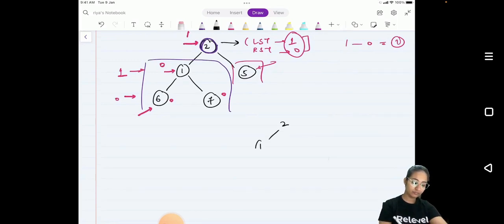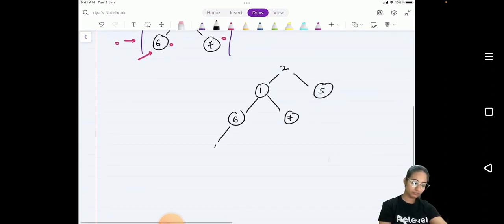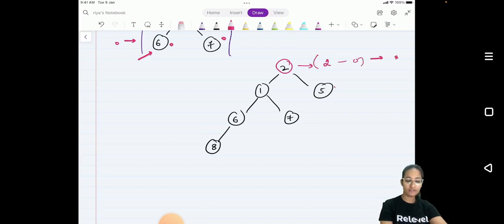Now let's consider this tree. For this node, what is the difference in height? Here the height is 2 and here the height is 0, so the difference is 2. And I always said that the difference of the height of the left and the right subtree should never exceed 1.